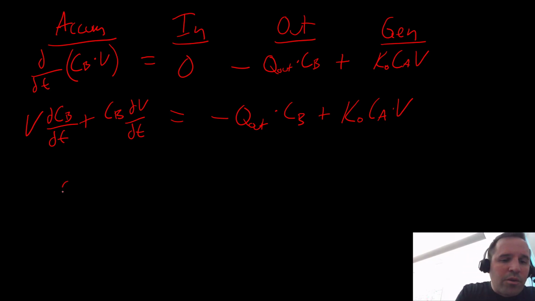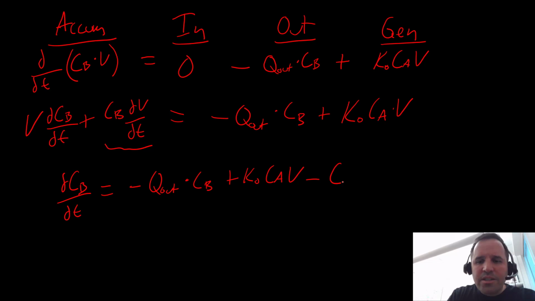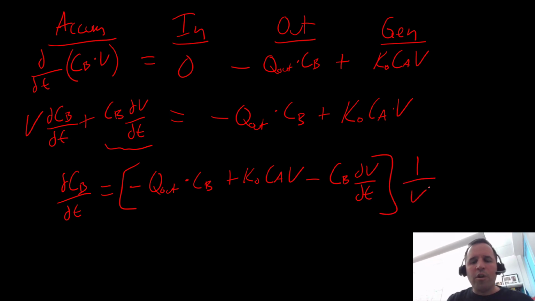We would solve for dCB dt, and that is going to equal everything that's already on the right-hand side, so minus Q out times CB plus our reaction rate. Now we're going to subtract off this term, CB dV dt, and then we would divide that whole thing by V or multiply by 1 over V.